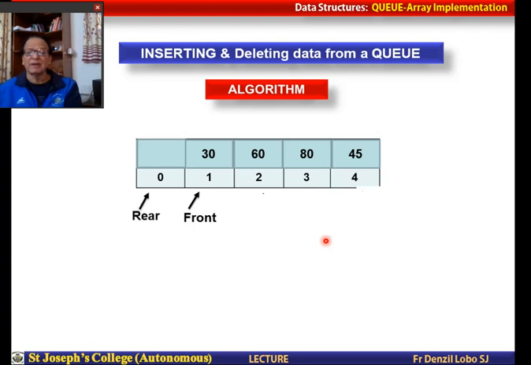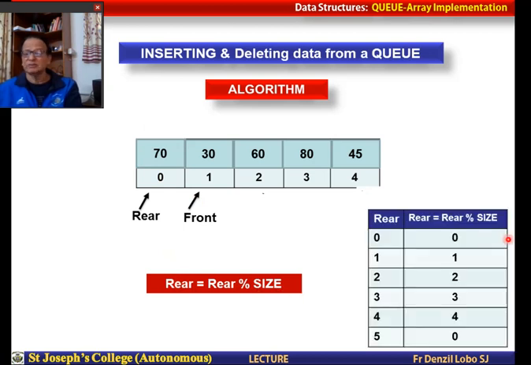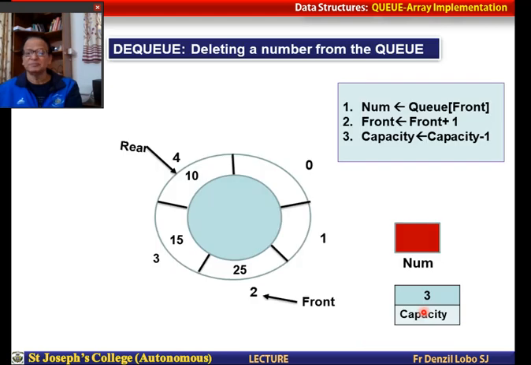Again I am inserting a value because rear has become 0 now. Now if I try, rear is going to be 1, front is 1, and therefore it is going to say that the circular queue is full. So this formula is very important: rear is equal to rear modulus size, as we have shown here.